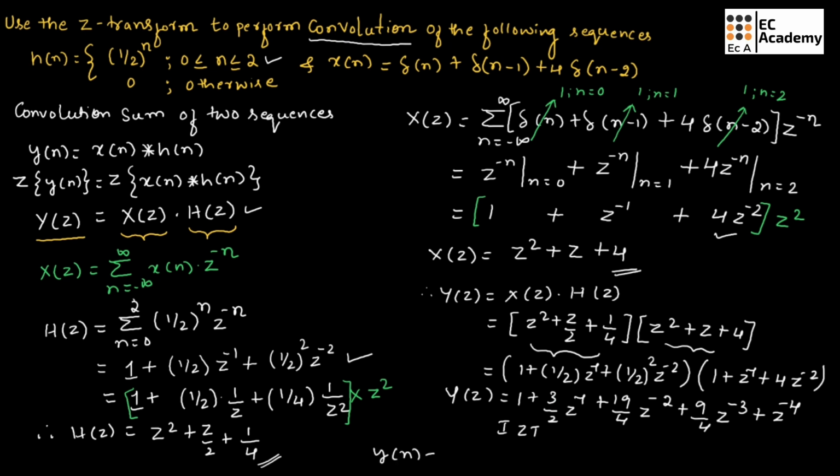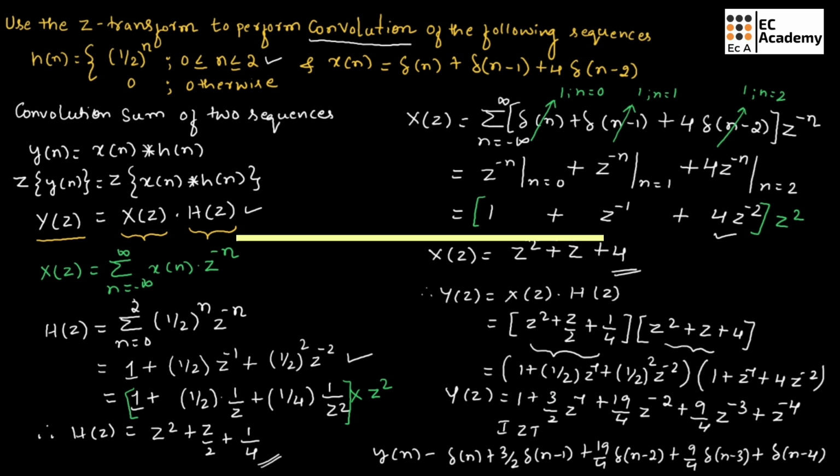That can be written as, 1 can be written as delta of n plus 3/2, z inverse, we can write it as delta of n minus 1, plus 19/4, z to the power of minus 2, we can write it as delta of n minus 2, plus 9/4, z to the power of minus 3, we can write it as delta of n minus 3, plus z to the power of minus 4, we can write it as delta of n minus 4. So this is the final convolution of the given sequences.